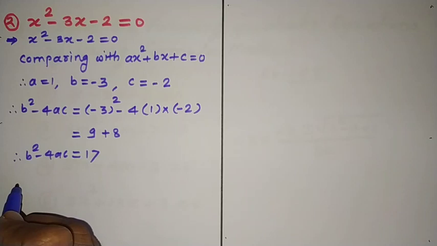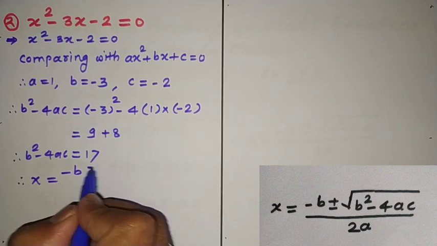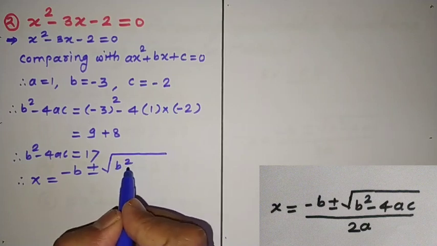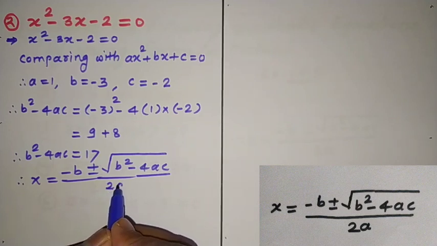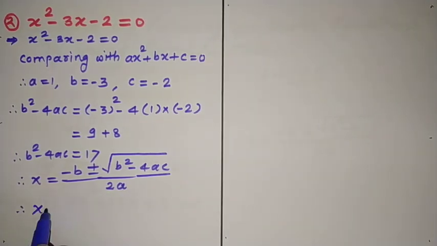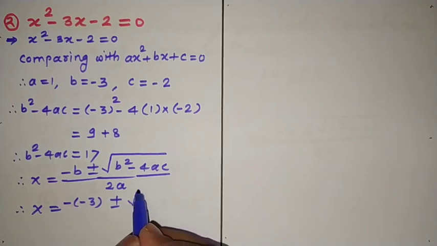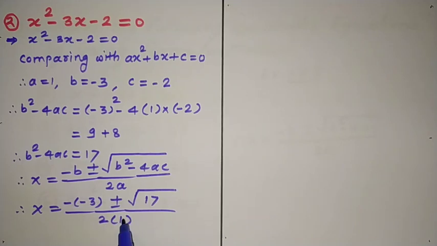Write down the formula of the formula method. x is equal to minus b plus minus square root of b square minus 4ac upon 2a. Putting the values, b is minus, write down in the bracket minus 3 plus minus, the value of b square minus 4ac is equal to 17, upon 2 into the value of a is equal to 1.